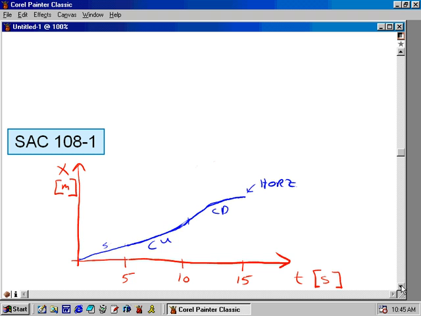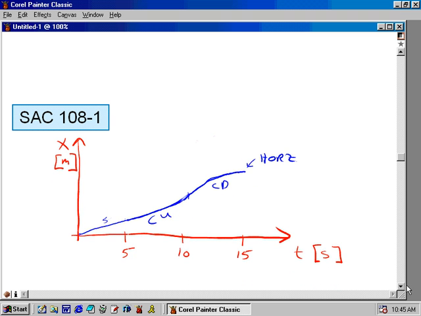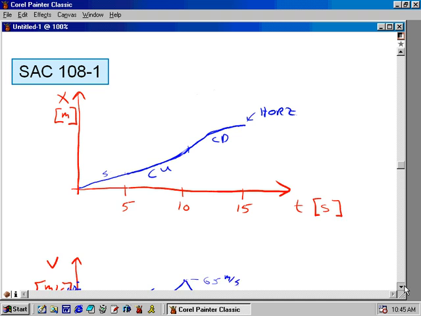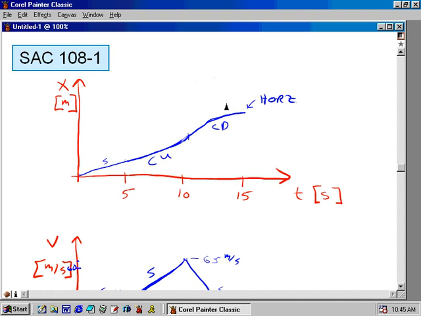And that covers problem number 1 from SAC 2B. Notice we never go down in this direction on the graph. It never comes back toward the axis, because coming down toward the axis would mean the object backed up, and it never backed up.